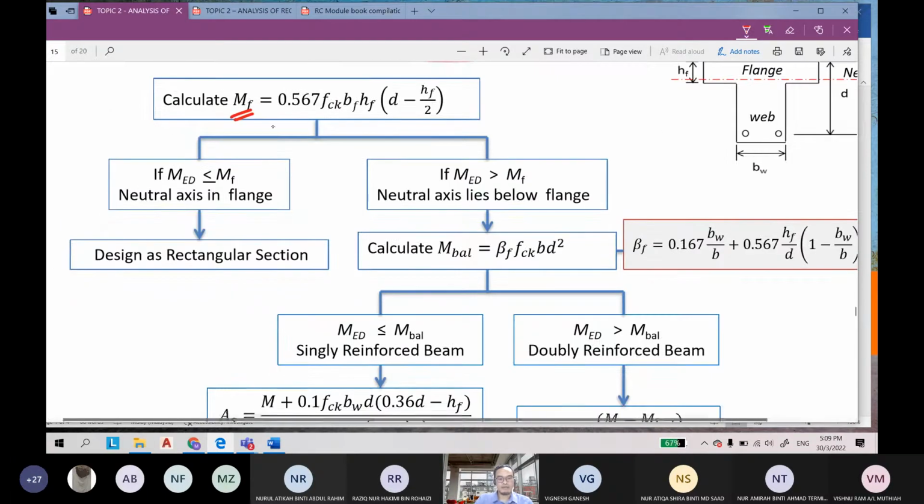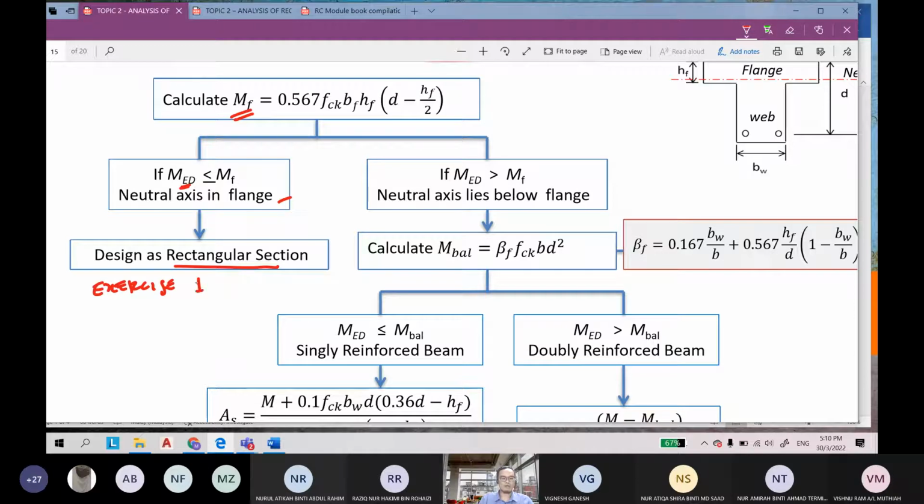If MF is greater than or equal to MED, which is the design moment, the neutral axis is in the flange. You can then proceed with the design as a rectangular section, as we did for exercise 1.